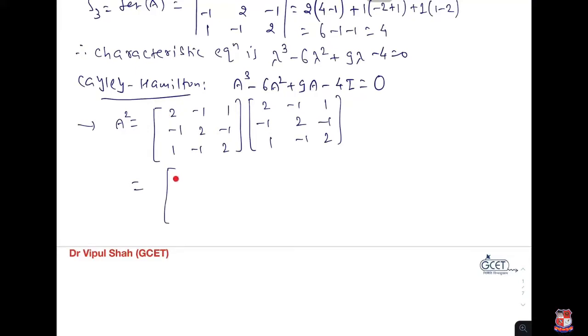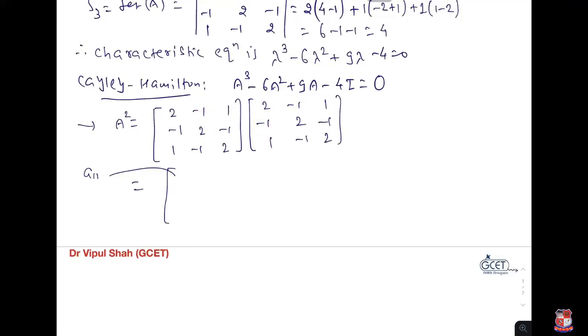So I want the first element, that is A11. So I need to take the first row, first column, multiply the corresponding elements, and then add. That's not difficult.